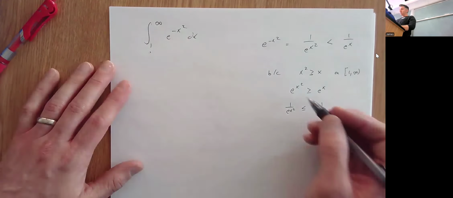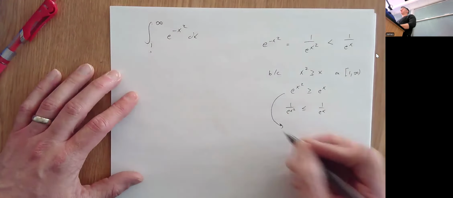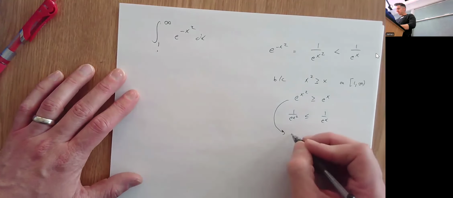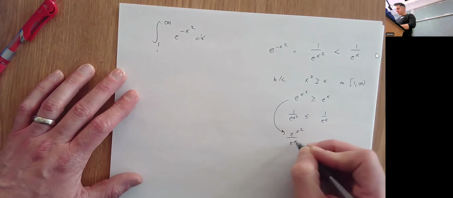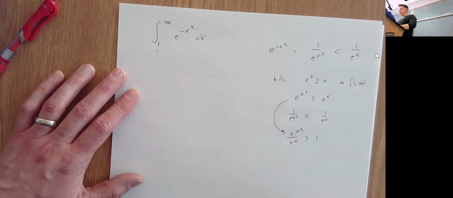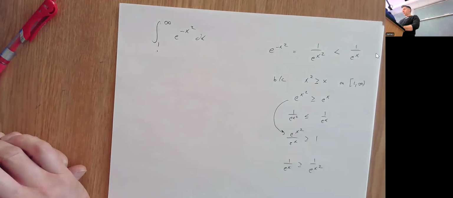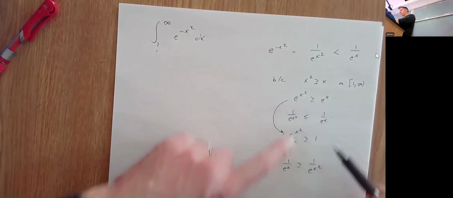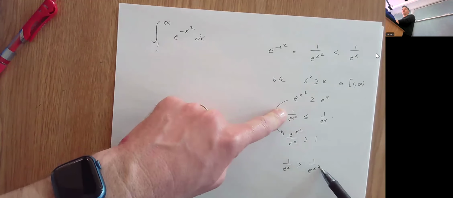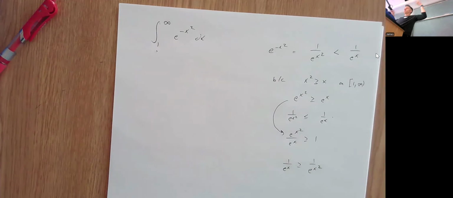So instead of doing that, you could divide both sides by e to the x, and you can divide both sides by e to the x squared. Oh, look, it's the same inequality. That 1 over e to the x is bigger than or equal to 1 over e to the x squared. But the faster way is just the reciprocal.